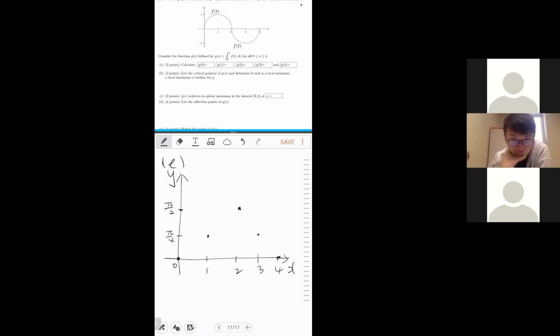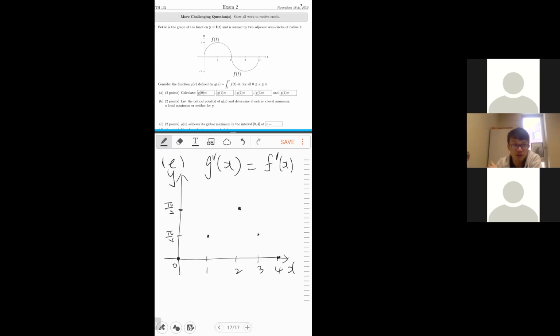I'm asking for g of x, not f of x. So concave up and concave down have to do with the second derivative. So you're looking at the second derivative of g of x. But the second derivative of g of x is the first derivative of f of x, right? Now, if you go back to the graph of f of x, what is f prime of x in terms of the graph?